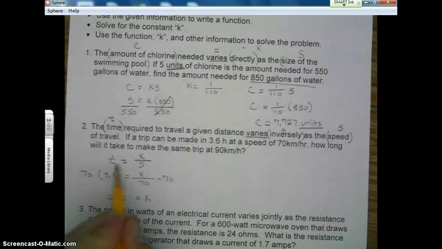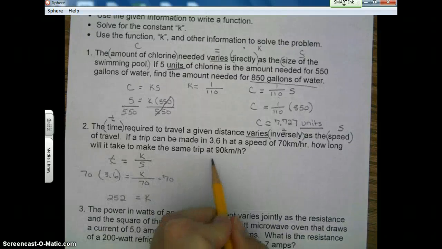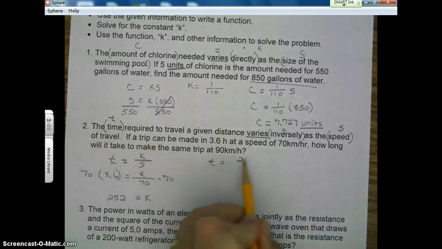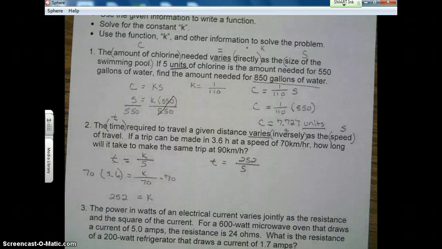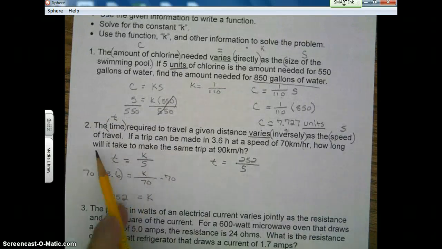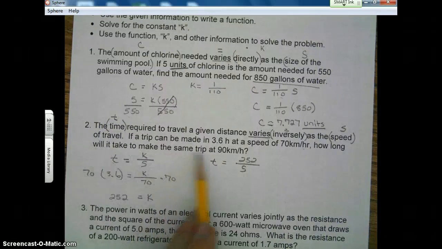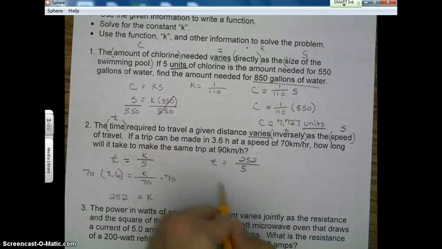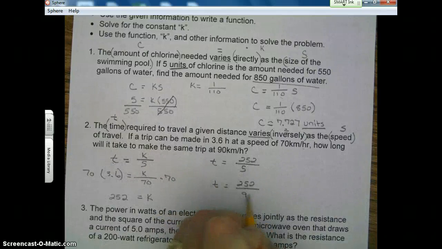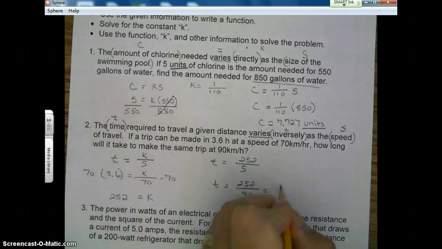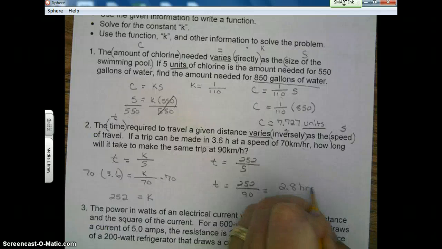Okay, using our original equation, T equals 252 over S. It says, how long will it take to make the same trip at 90 kilometers per hour? So we plug 90 in for our speed. And it will take us approximately 2.8 hours.